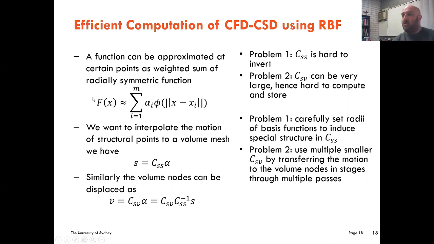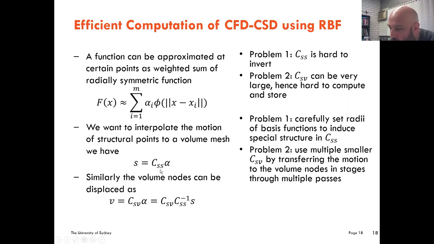All we want to do is fit a curve, which is a sum of radially symmetric functions. If you write that in full for your structural system, you can write it as a simple set of linear equations where you find the weighting required for the curve fitting, which is your vector of A's.